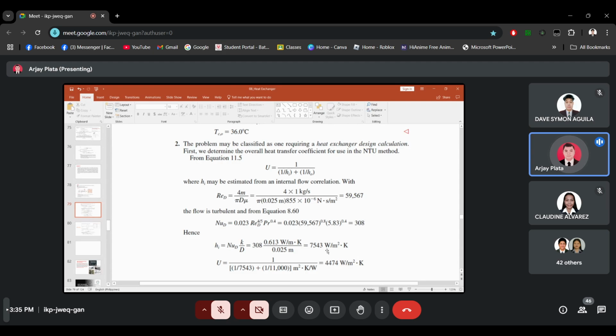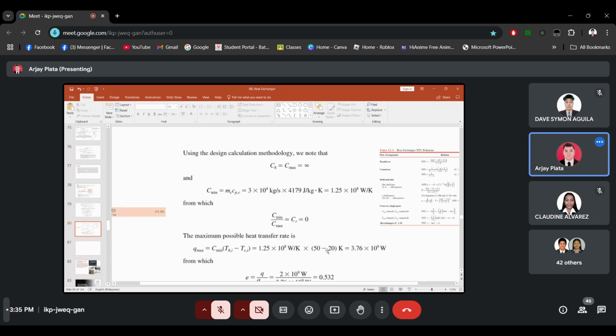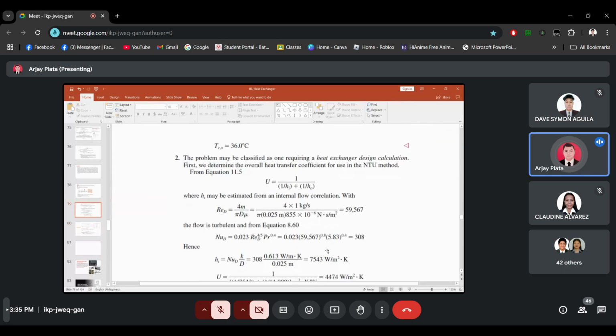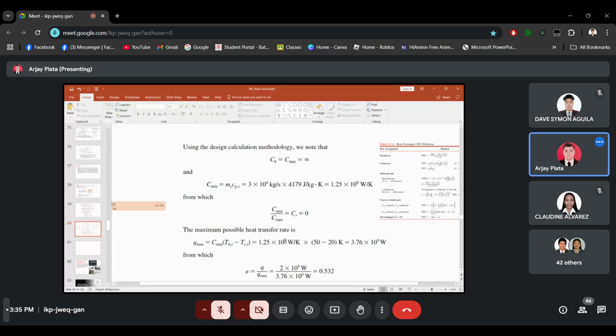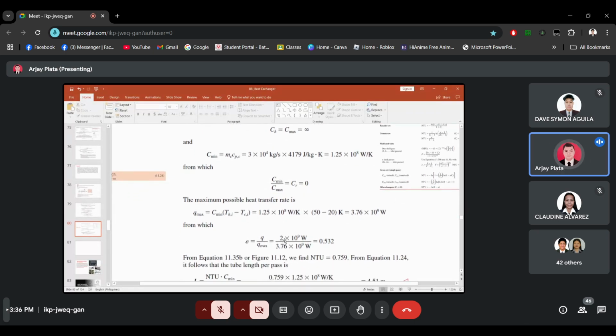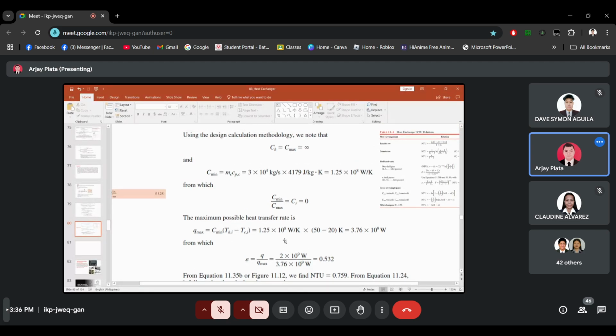Okay, so going back, we already have the U value. We can now calculate the length of the tubes, because the formula gives not actually length but area.